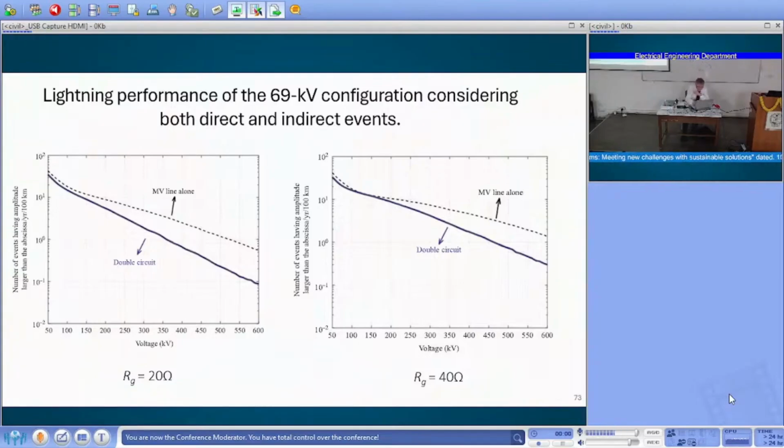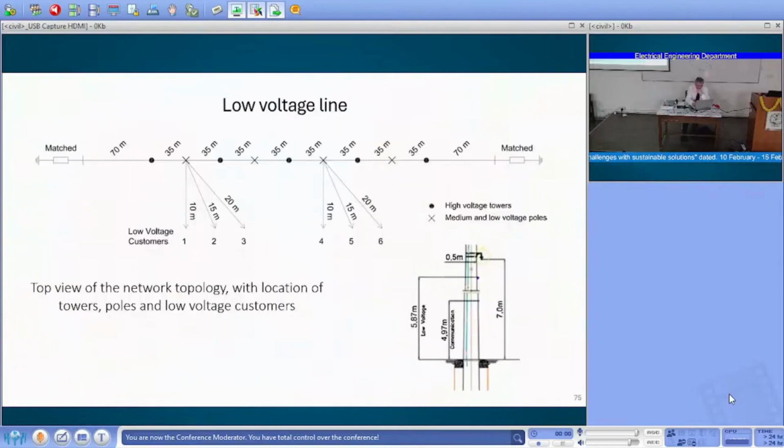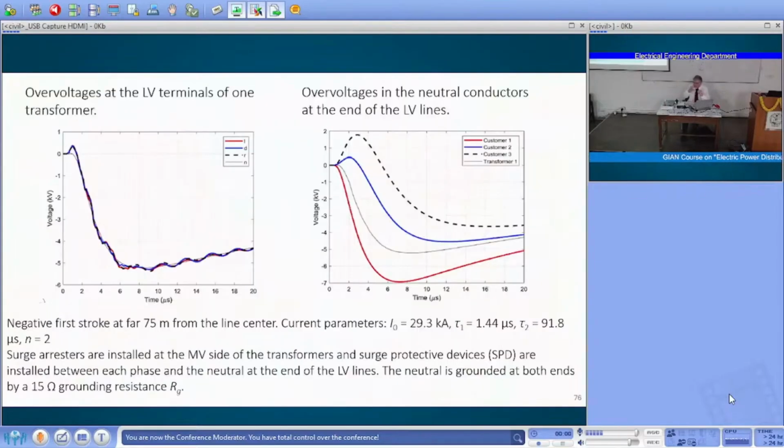There is another effect that is very peculiar: along the line you can also have a low voltage installation, so medium voltage, low voltage transformers, and in some conditions the neutral of the low voltage line is affected by the effect.